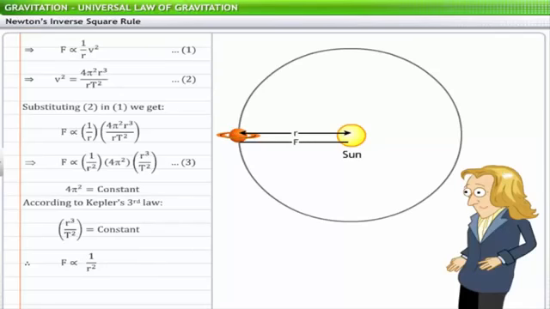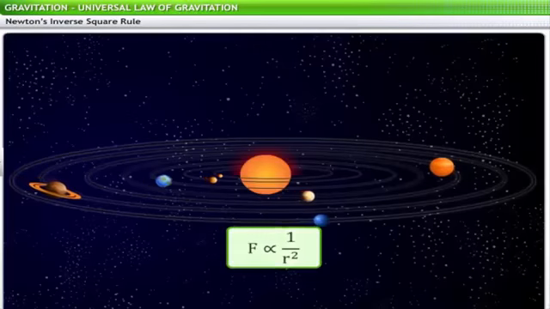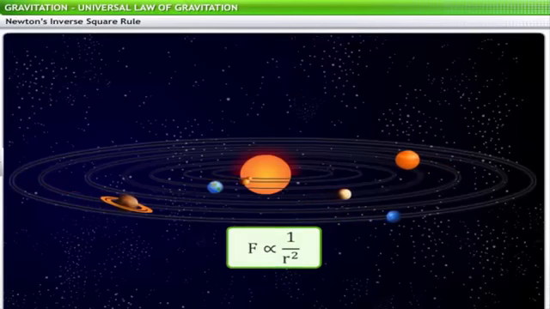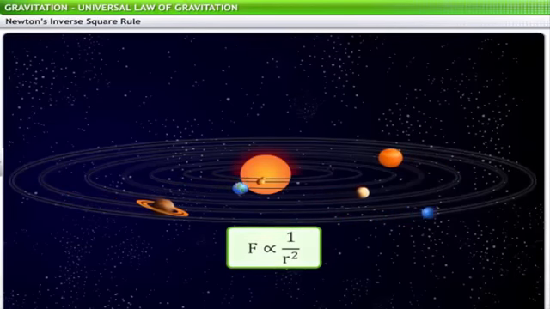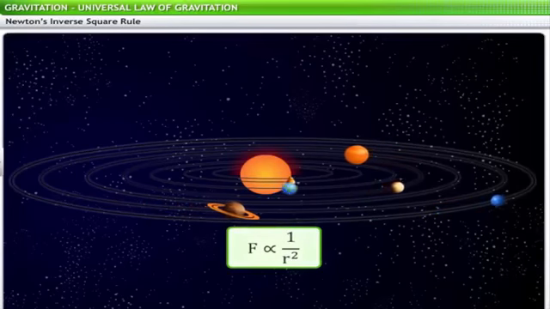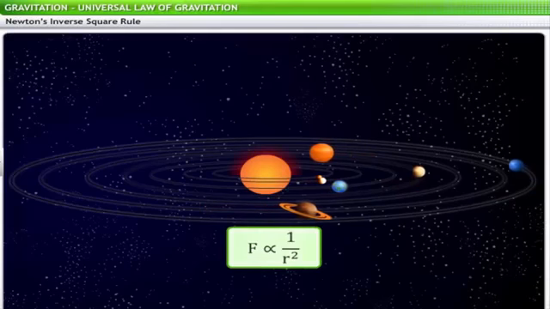Eliminating the constants, we get the relationship as F proportional to 1 divided by r squared. Newton extrapolated these findings to all the bodies in the universe. Therefore, the gravitational force F is inversely proportional to the square of the distance between the two bodies.